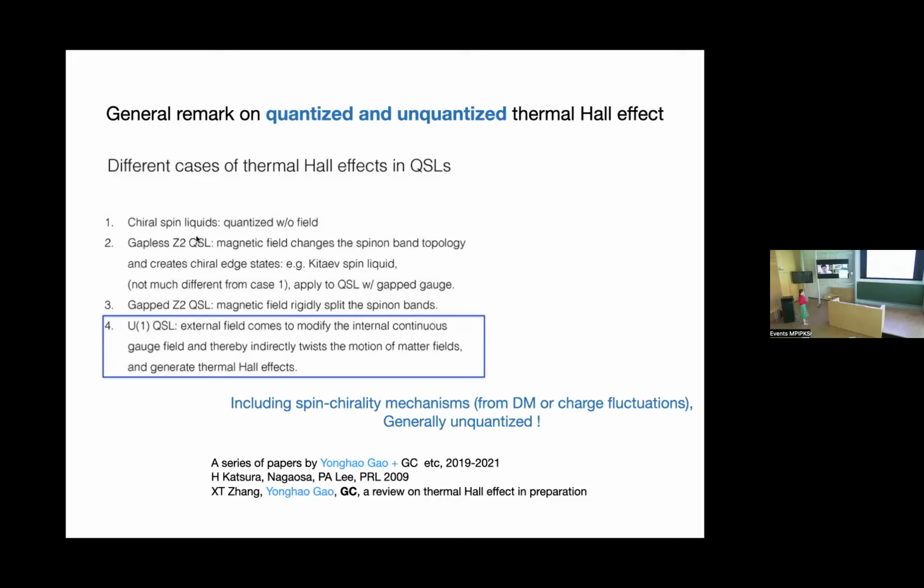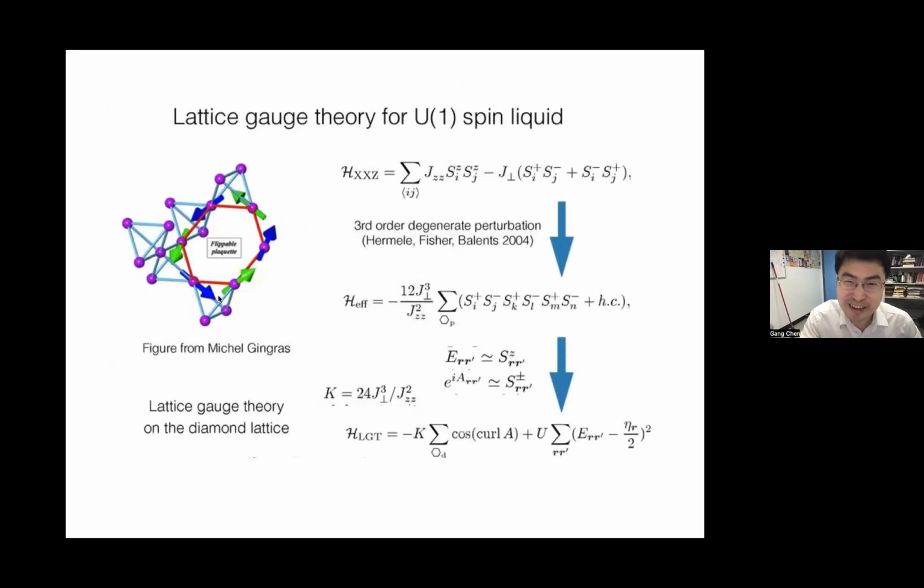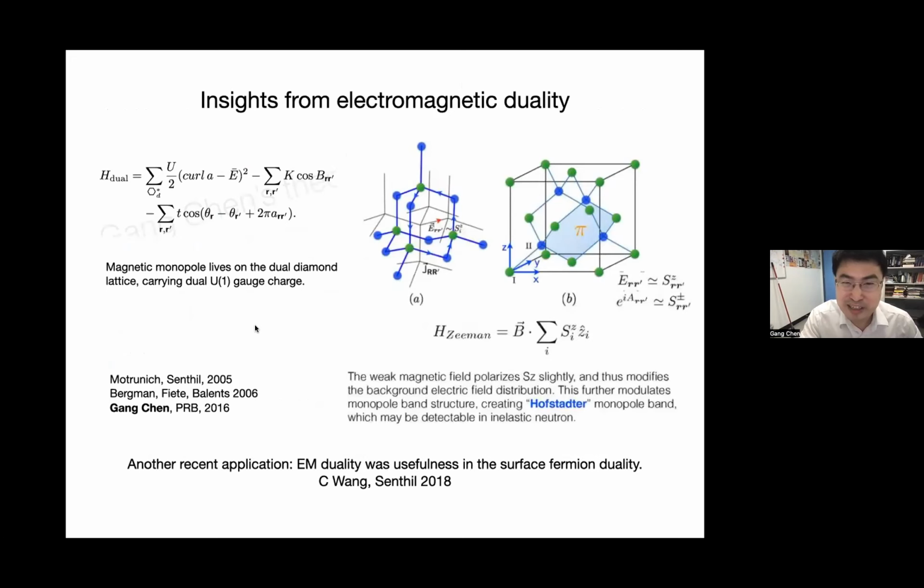There's another question in the chat. I don't know if you can see it. I can read it if you want. So, how does the DM term or Kitaev term affect the dual gauge field monopole curvature? Well, this is not particularly relevant, I think, but it doesn't matter.